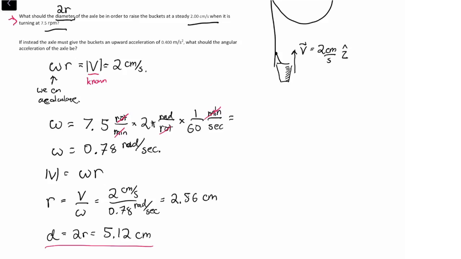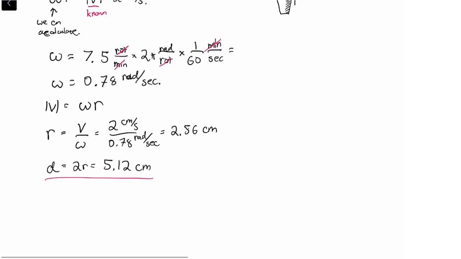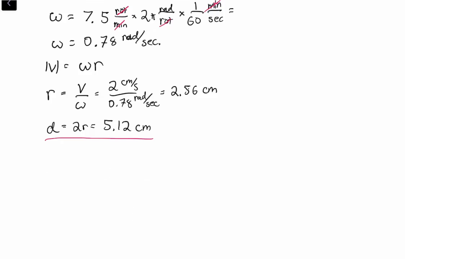Right? Now we want to solve the next part of the problem. If instead the engine must give the buckets an upward acceleration of 0.4 meters per second squared, what should the angular acceleration of the axle be? So for this, in the same way that we got the value of omega, we can get a value of alpha. So the acceleration is going to be alpha r, right?